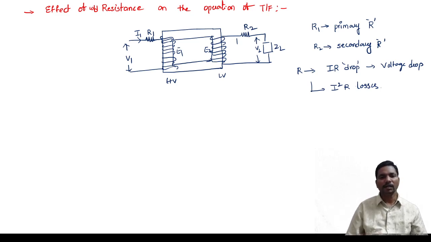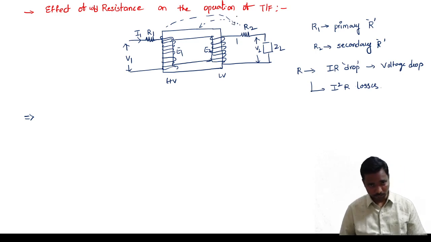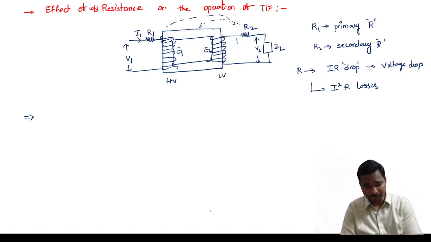But in practice, we don't have that type of winding. Windings always have some resistance. Now the question is the transfer of resistance from secondary to primary or primary to secondary. Why do we need to transfer?